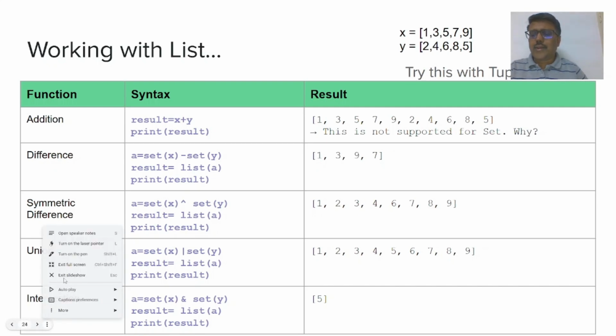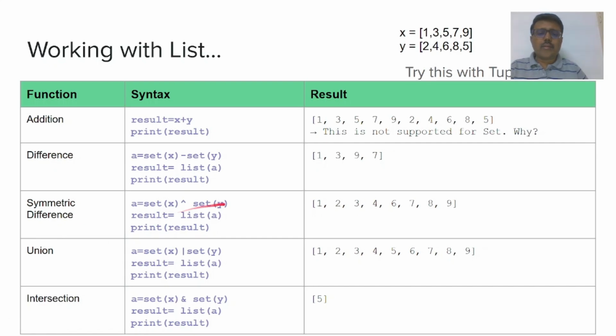Now let's say symmetric difference. For example, when you see it here, you'll be able to understand. When it says symmetric difference, whatever is already available in both will not print, and the remaining it will print. So you can just see it here.